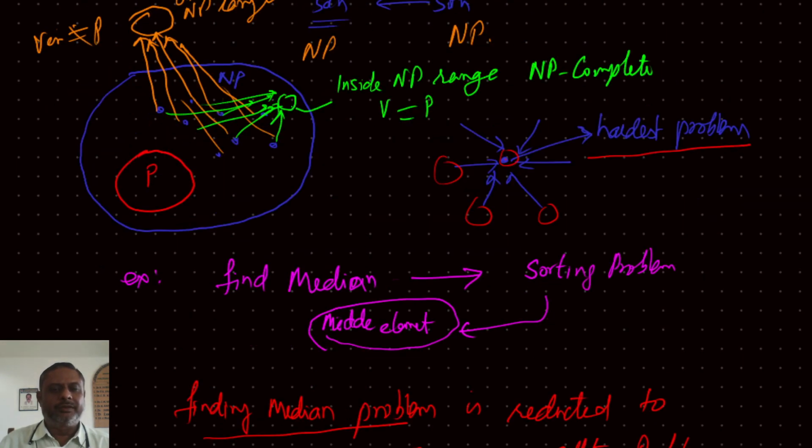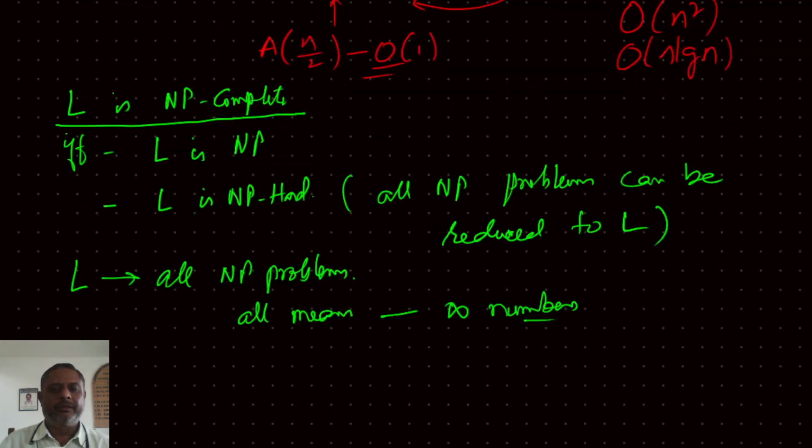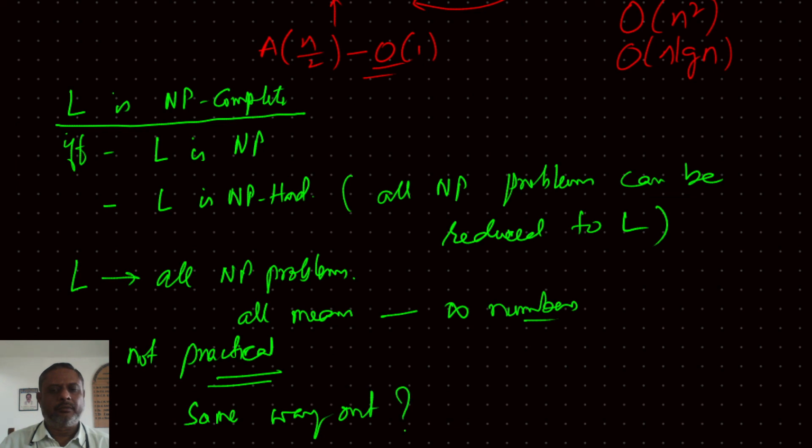So just looking at all the infinitely many possibilities to see whether they reduce to this or not is not practical. So we need to find some way out. What is it? Let's see that in our next session. Thank you.